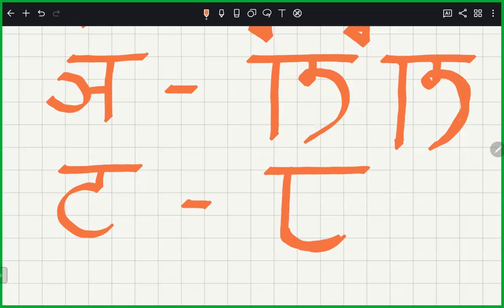Then again at the Shirorekha, just above this point where this is ending, right above that, we draw a small triangle. So these kinds of shapes you must have seen, they're sort of getting repeated. You did a 're' like this, then you did 'na', which had a smaller triangle. You did 'o', which had a bit bigger triangle.